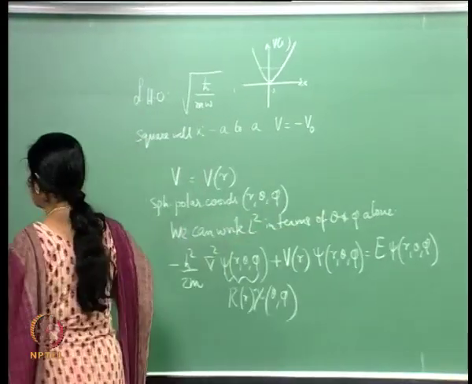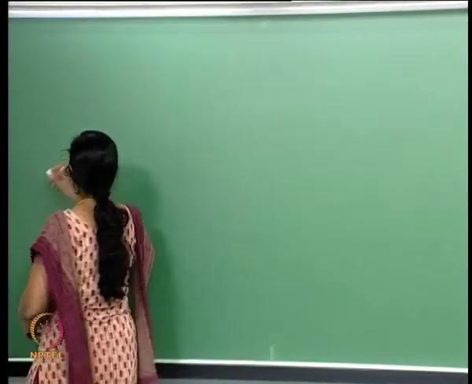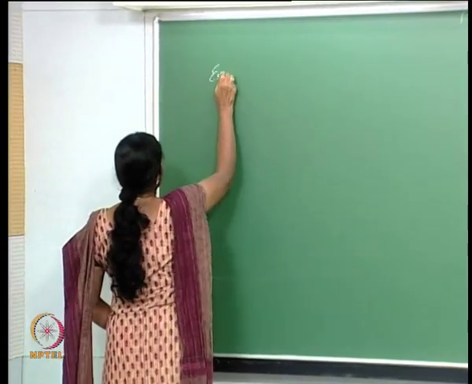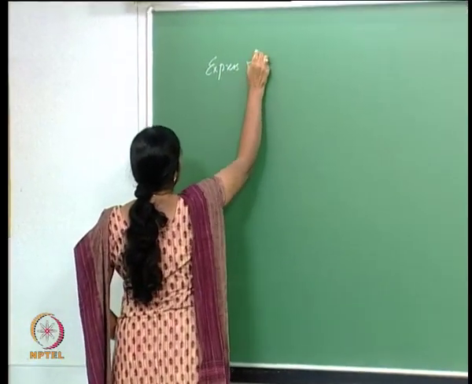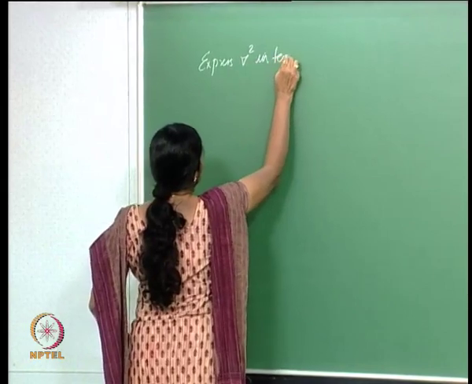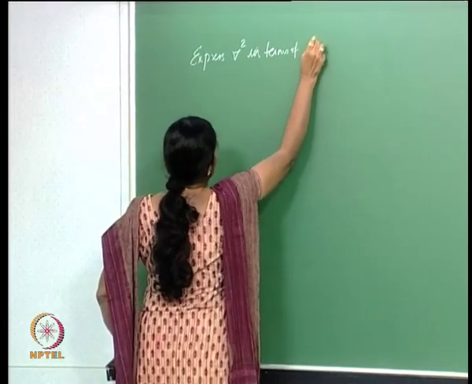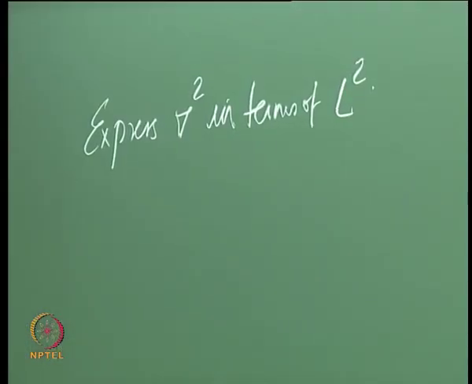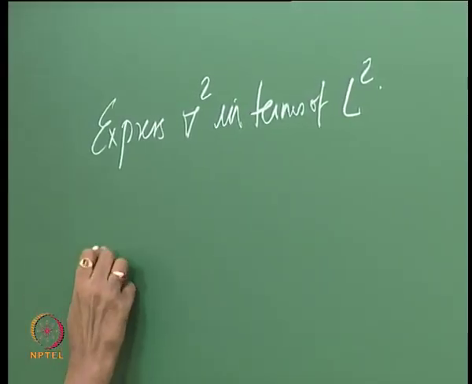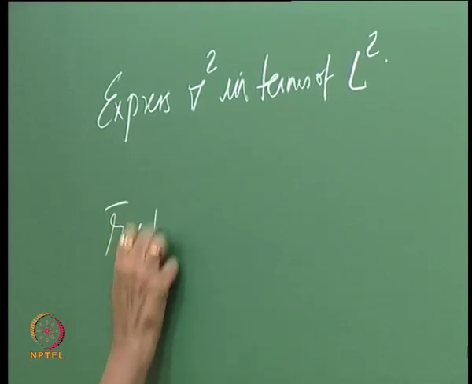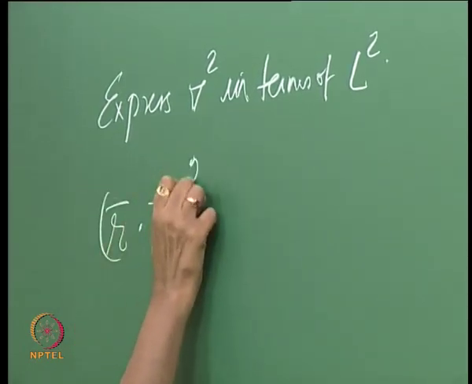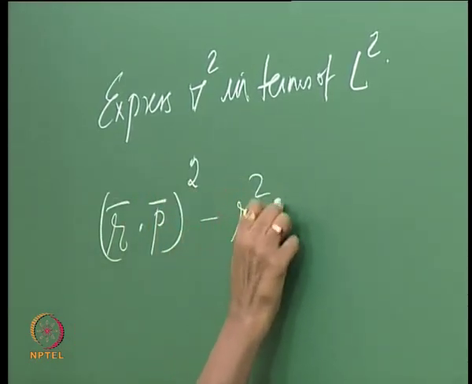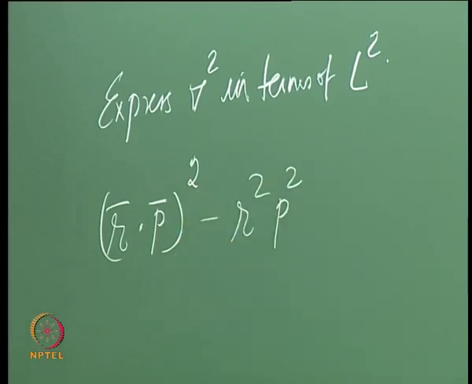In order to write del squared in terms of L squared, I need to do a little bit of algebra. First of all, I consider (r dot p) the whole squared minus r squared p squared.